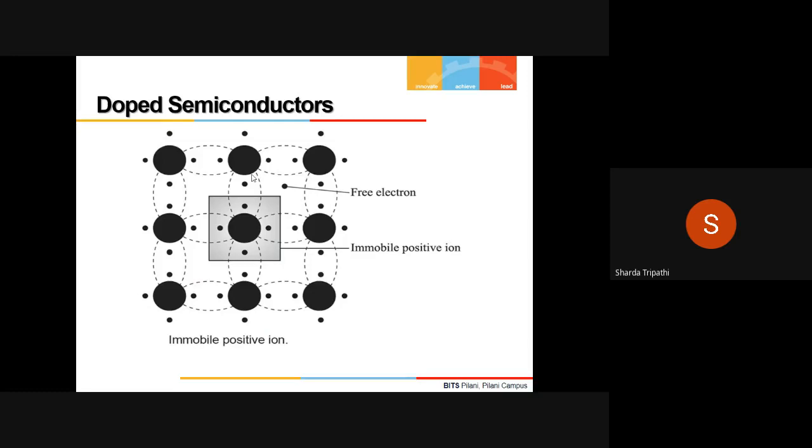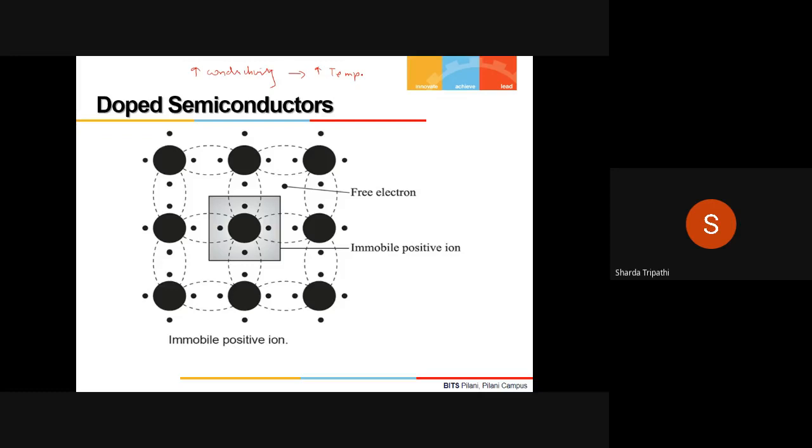So why do we want to add impurities here? Just now we saw that if I want to increase the conductivity of the semiconductor, I can increase the temperature. Because at low temperature, we know that a semiconductor is going to behave as an insulator. But if you raise the temperature, say to room temperature, then the covalent bonds break, electrons and holes are formed, and then some current flows, which we just saw.